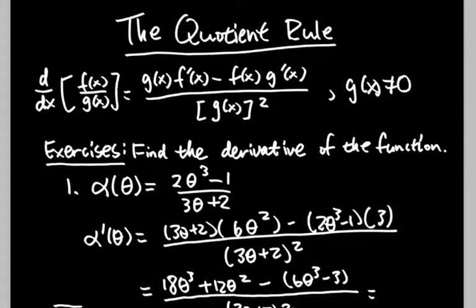Okay, if we just do this all out, we can kind of tell that we're gonna get 12 theta cubed plus 12 theta squared plus 3 all divided by this thing.